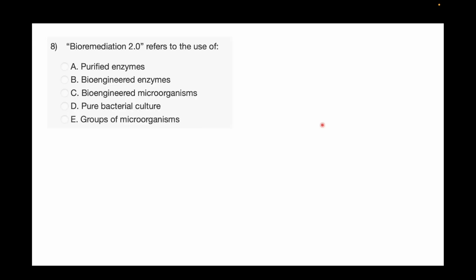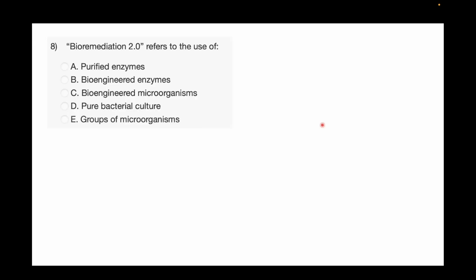Question number 8, bioremediation 2.0 refers to the use of dashed. Option A, purified enzymes. Option B, bioengineered enzymes. Option C, bioengineered microorganisms. Option D, pure bacterial culture.